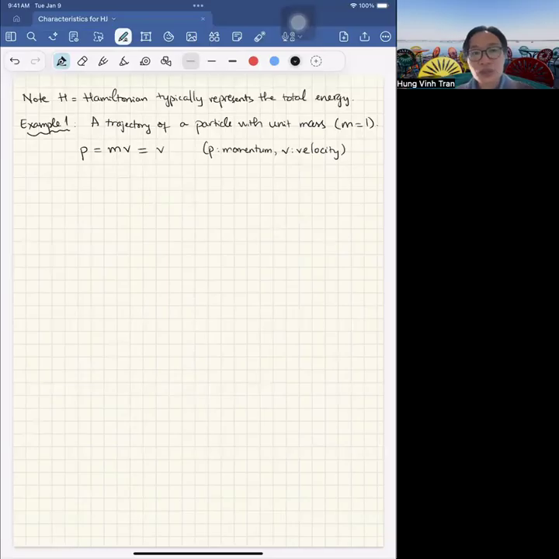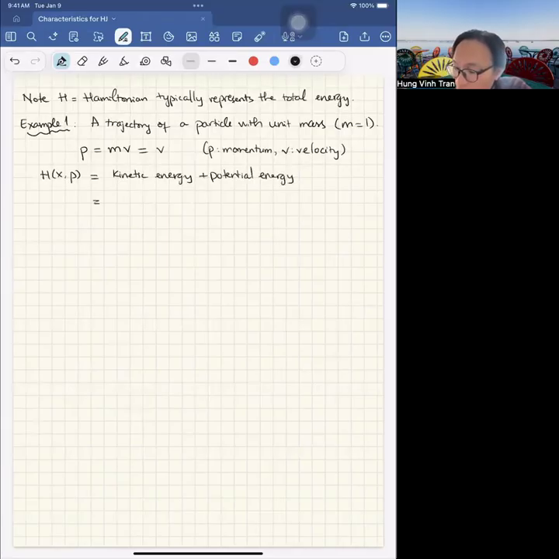So the Hamiltonian I'm considering is H of x, p. Again, remember that x represents position and p represents momentum. This is the total energy, so it's equal to kinetic energy plus potential energy, right?